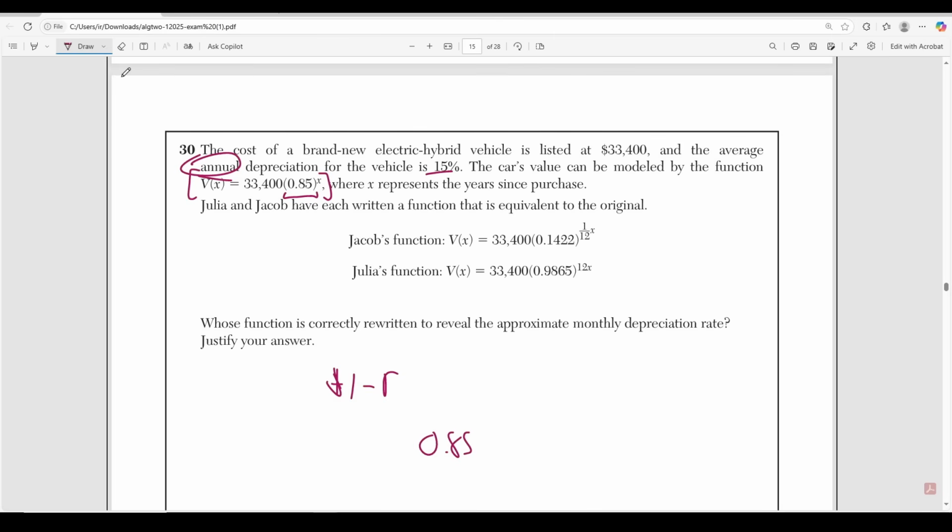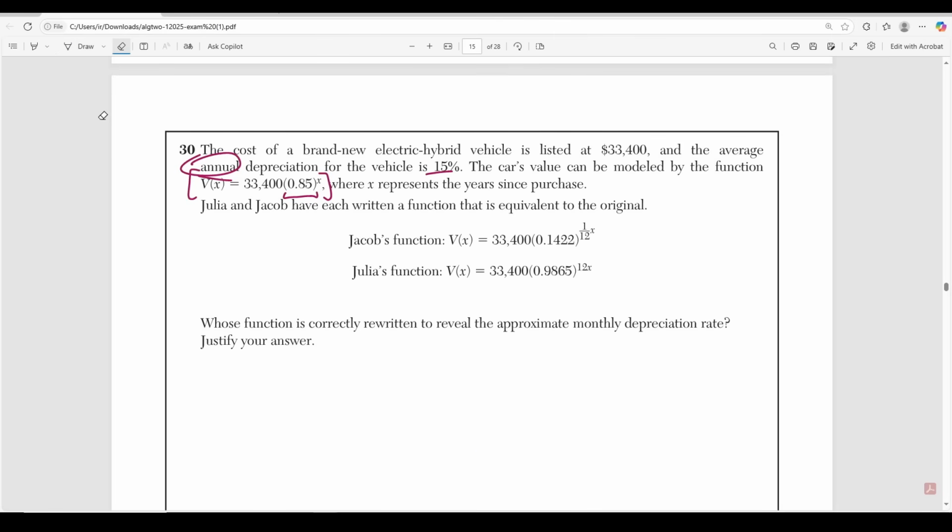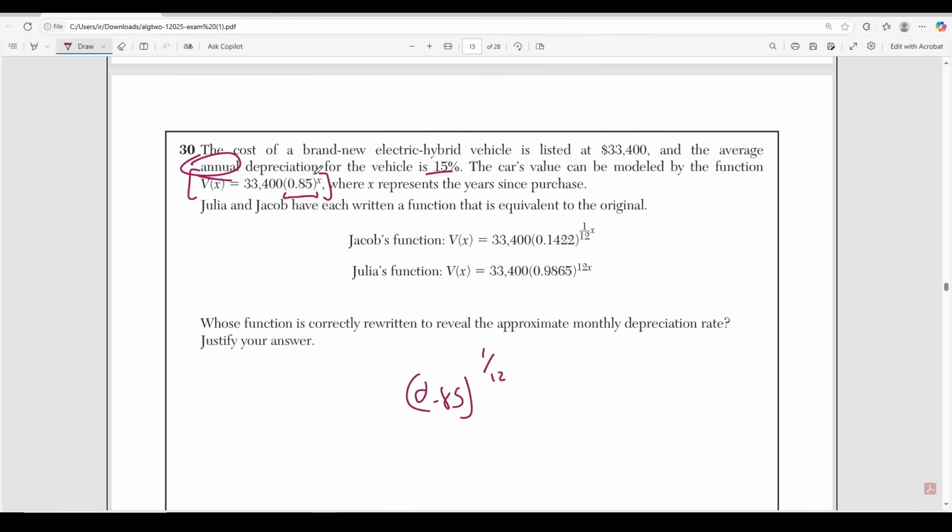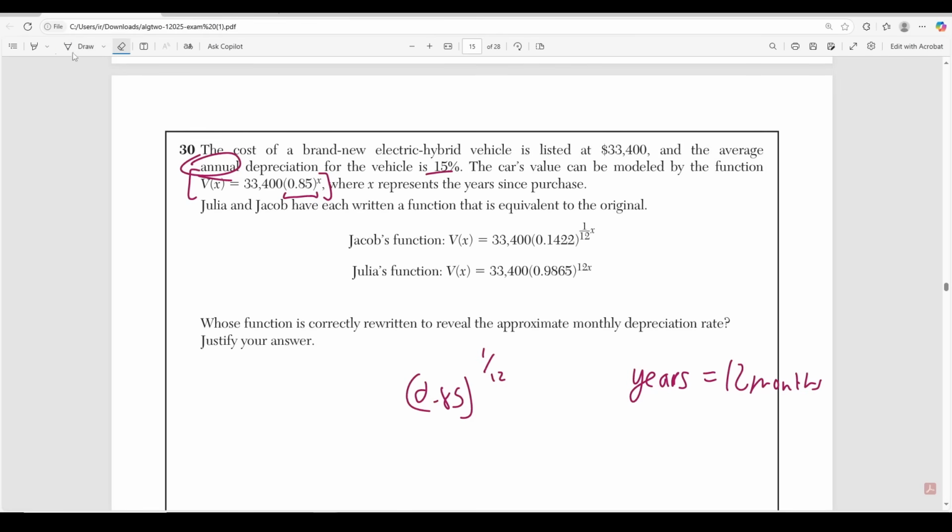The depreciation rate inside of this function is 15%, but when you do 1 minus your rate, you get 0.85. So all you have to do here is raise the number inside of this parentheses to the unit of time that you want. So you can do 0.85 raised to the power of 1 over 12. Because if you think about it, if x is the number of years, x years is equal to 12 months, right? There are 12 months in a year, and instead of saying x, let's just put 1.